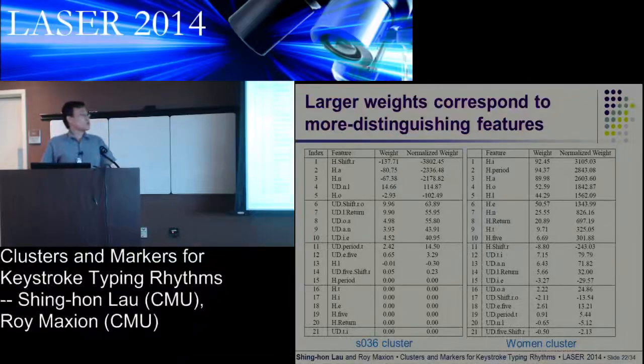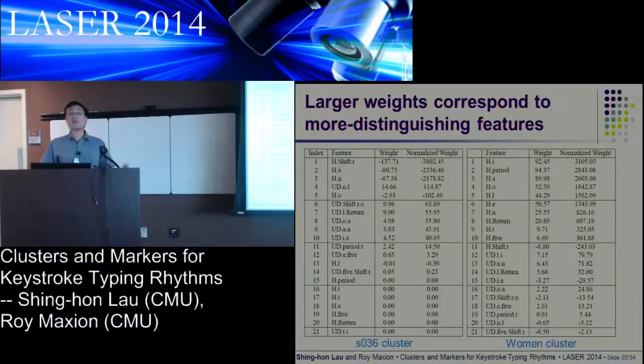If we look at the right-hand side table, we see a little bit more order than on the left. So the 11 hold times occupy the top 11 spots in the table. And what that tells us is that these 11 hold times are the most distinguishing features of the women cluster. The latencies, however, still matter, because while they might occupy the bottom 10 spots of the table, they still have non-zero weight.